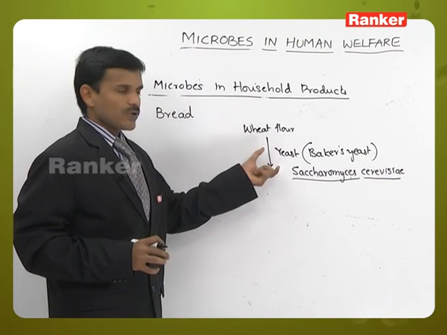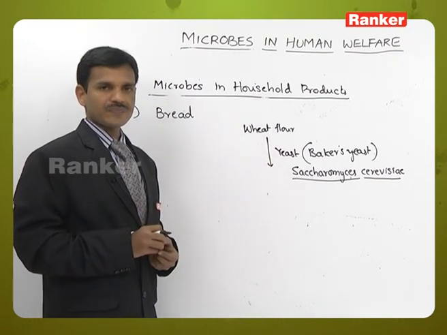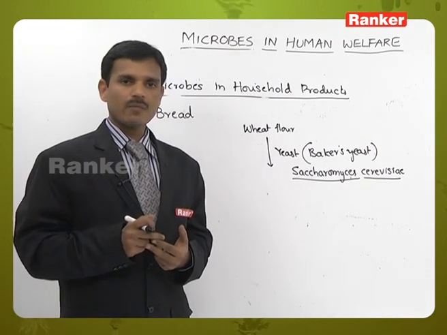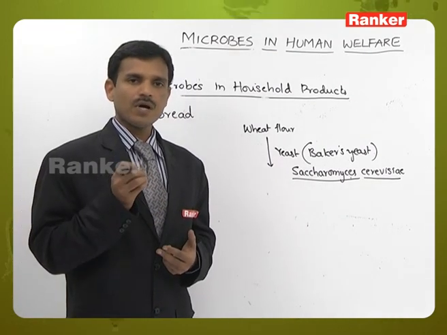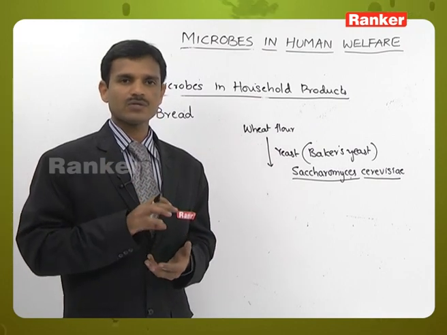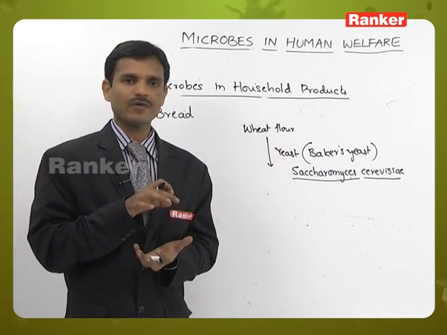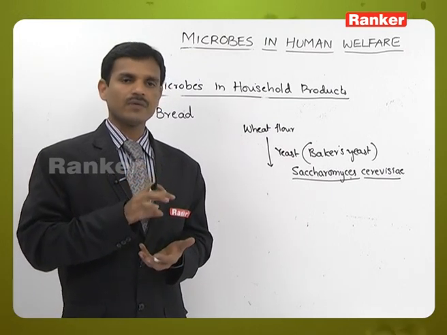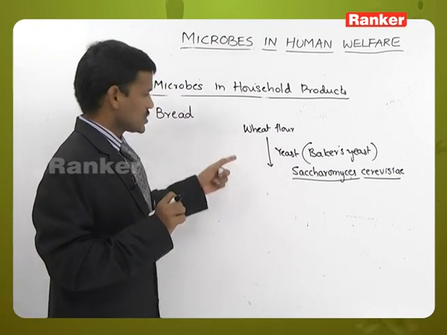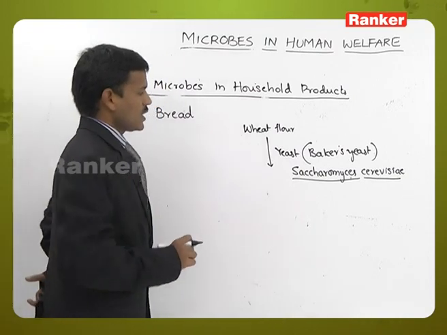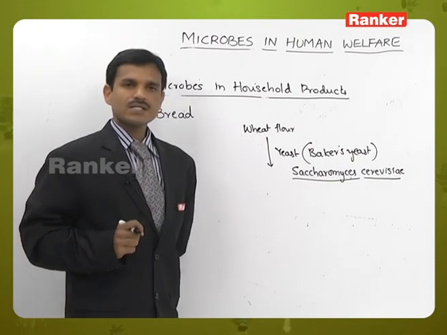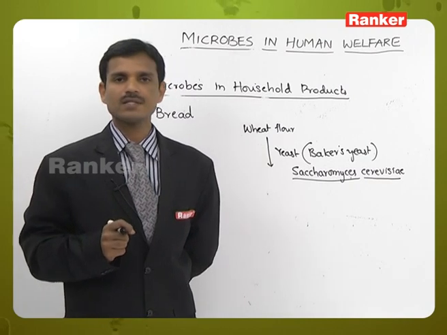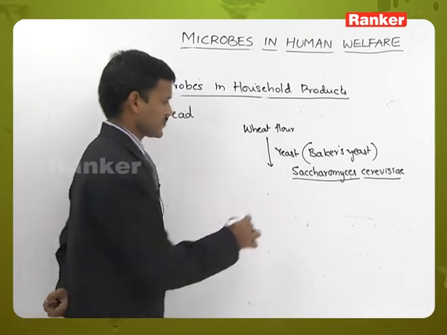It is producing a large amount of carbon dioxide. After the carbon dioxide evaporation, small holes are present in the bread. The bread swells during the fermentation and appears puffed up. That is due to the production of carbon dioxide, and this baker's yeast also produces some enzymes, like amylase, maltase, zymase.